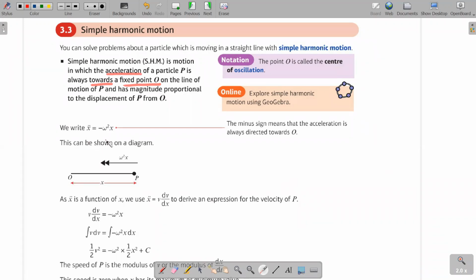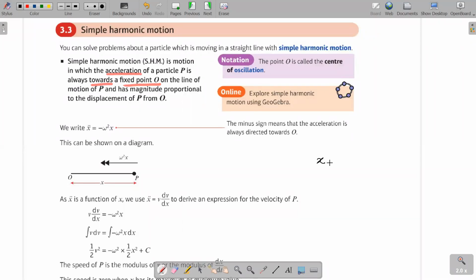The first one: they used the words the acceleration is proportional to the displacement, isn't it? Which means, as you can see here, they are using the notation x double dot. So what is x double dot? X is displacement.